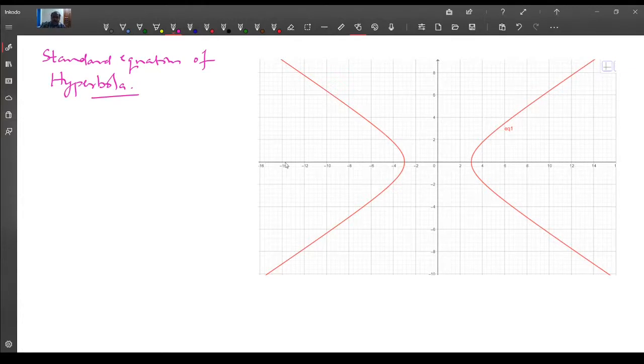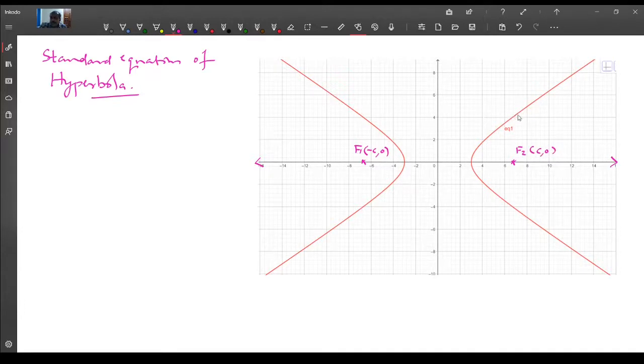Now here we consider a hyperbola with the focal axis as the x-axis. So we are going to derive the standard equation of this hyperbola. For this, consider the foci. Suppose this is focus 1 and this is focus 2, and let focus 1 be (-c, 0) and focus 2 be (c, 0).